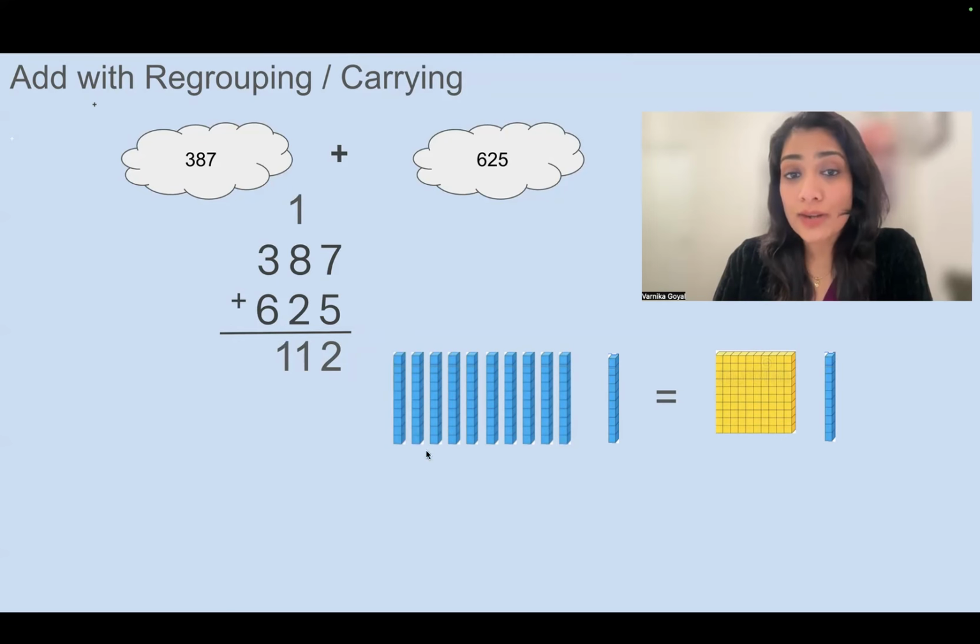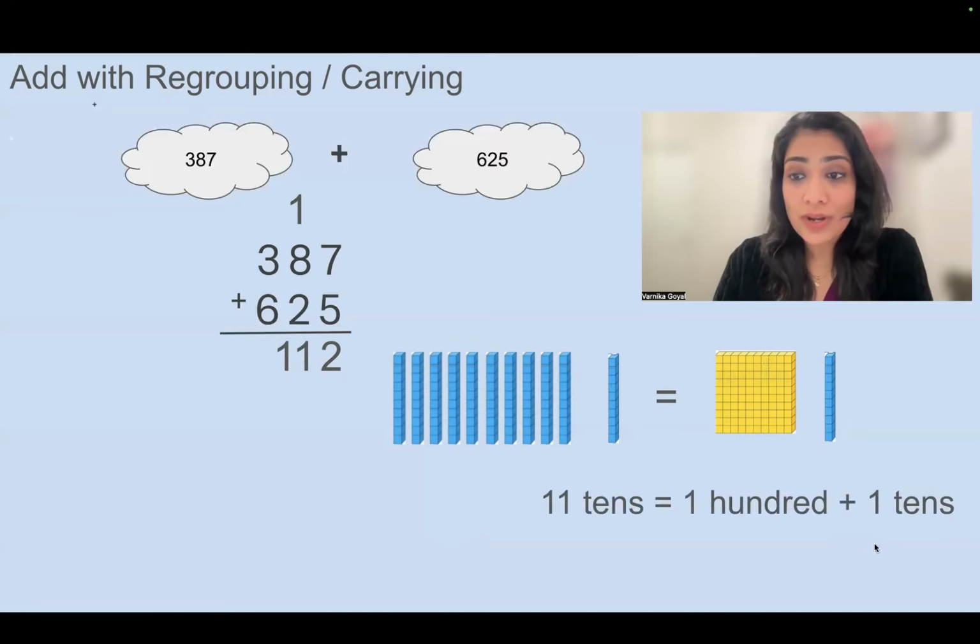So we regroup our 10 tens into 100 and 1 tens. But this 100 needs to be carried over to the column of hundreds so that it can be counted with other hundreds. So 11 tens is 100 and 1 tens. We keep our 1 tens at the tens place and we carry over our 100 at the hundreds place.